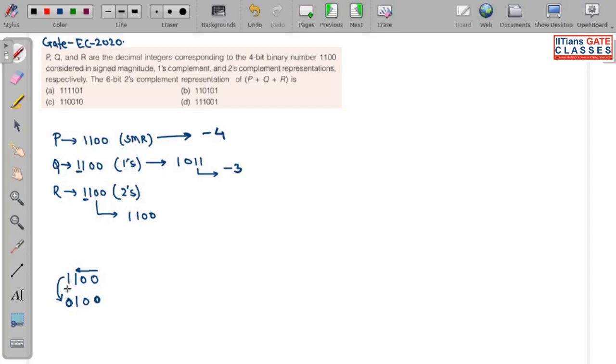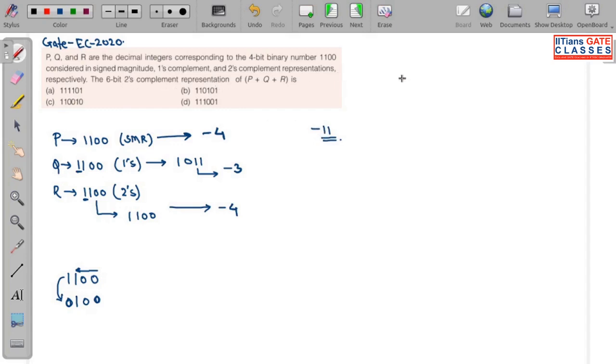The sign bit will not have any effect. So this is also -4. If I add all this, this is -11. So this is -11, and they want the number in 2's complement representation.